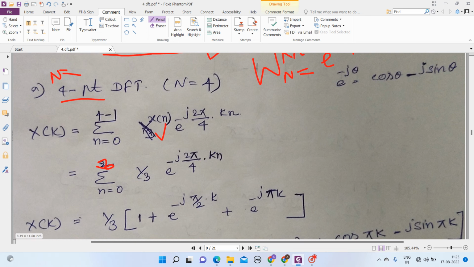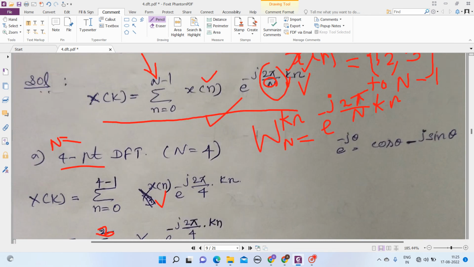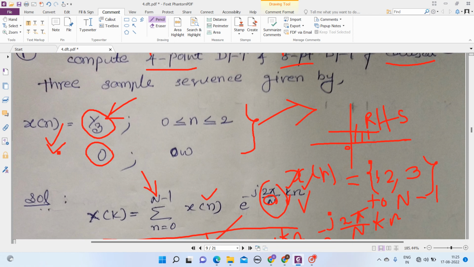So now we have to apply the small n value first, then we will apply the small k value. We know very well that up to 2 this is an equal symbol. These symbols are very, very important during the exam. Don't hurry to solve the problem.